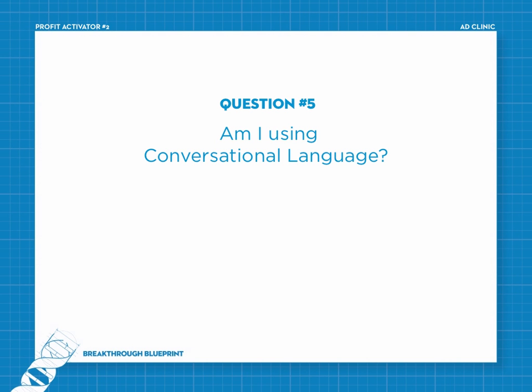The important thing about this is that we want to imagine that you're talking to one prospect at a time, not that you're talking to the whole group. There's a difference between broadcasting a message to an audience and speaking to one person.